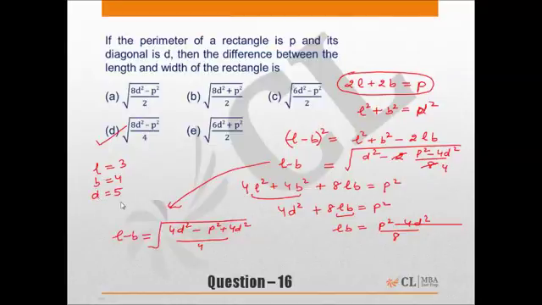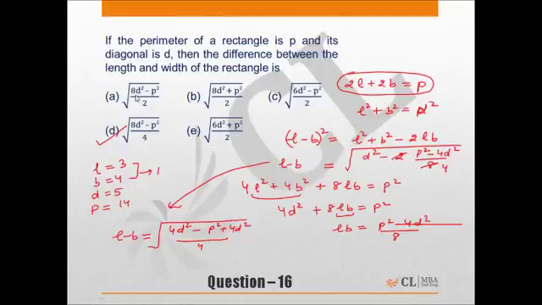I know that Pythagorean triplet 3, 4, 5. And I can now check the answers, because the difference between length and width in this case should be 1. The perimeter in this case will become 3 plus 4, 7 into 2, 14. So put P as 14, D as 5, the answer must be 1.